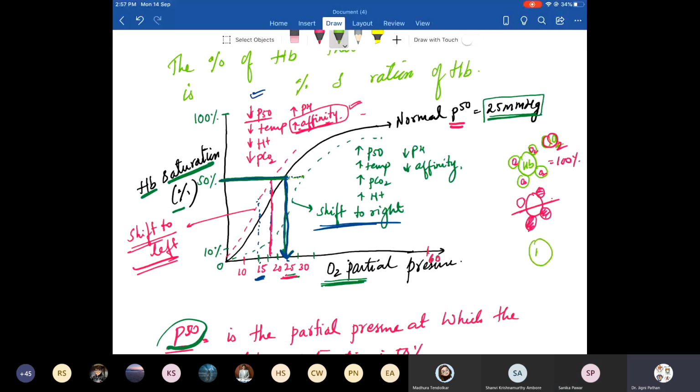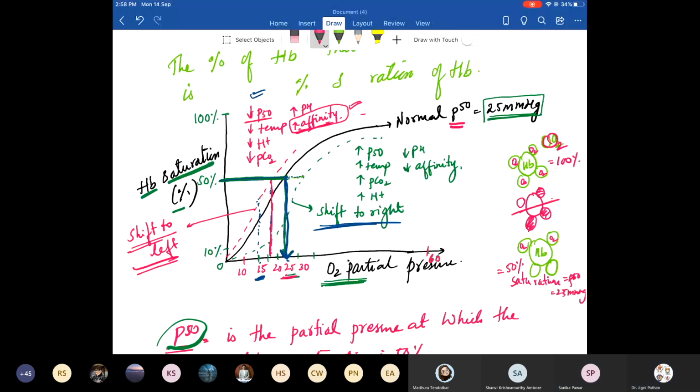Yes, ma'am. Now, check this diagram again where you have oxygen binding here, oxygen binding here. It means what? 50% saturation. Do you agree with me? In partial pressure. Very good. Partial pressure is how much? 25 mmHg. Do you agree with me?